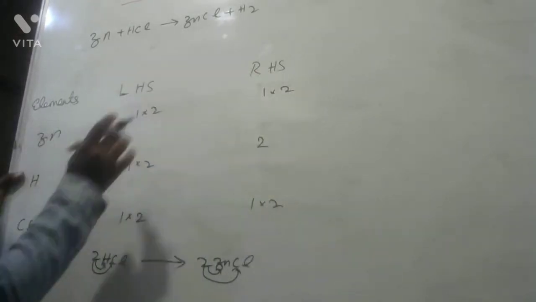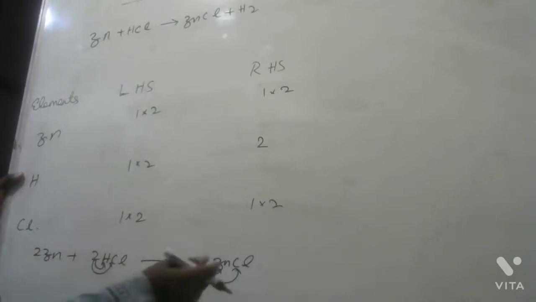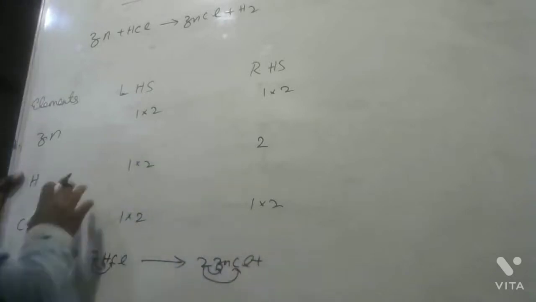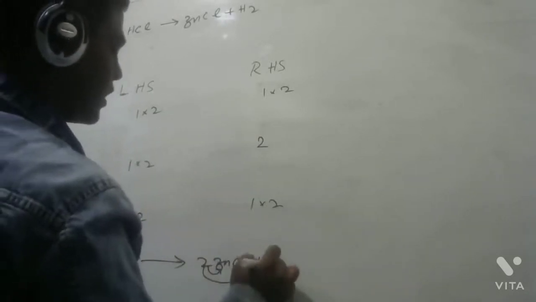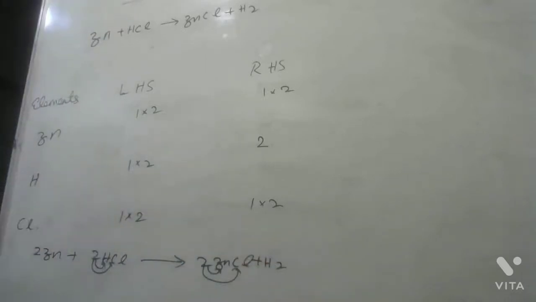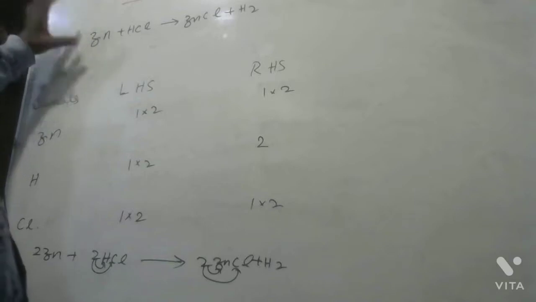So 2 times zinc here. So 2 Zn plus 2 HCl gives 2 ZnCl plus H, which remains the same, that is H2. Yes, H remains the same, H2. So here also the same, the equation is correct.